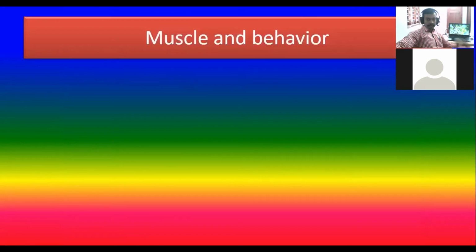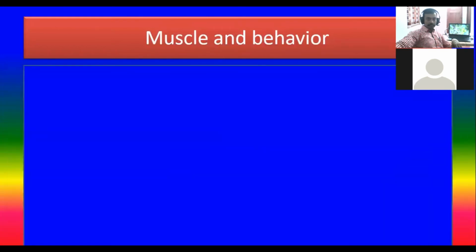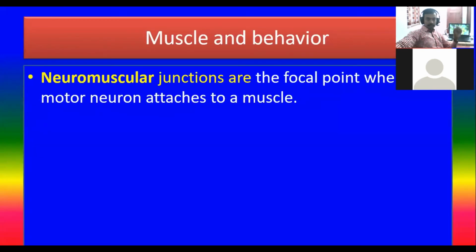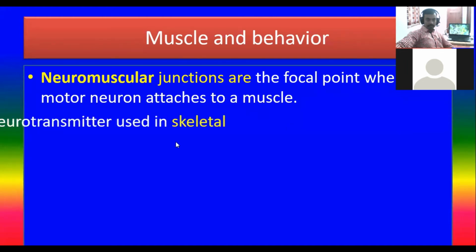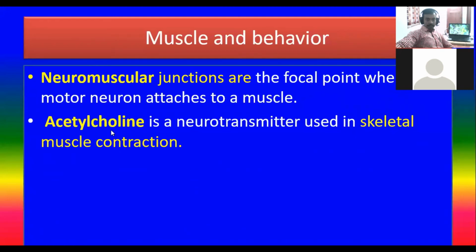When psychology is concerned, we should focus on muscle and behavior. Neuromuscular junctions are the focal point, where motor neurons attach to muscles. Motor means movement. One of the important neurotransmitters is acetylcholine, used in skeletal muscle contraction.